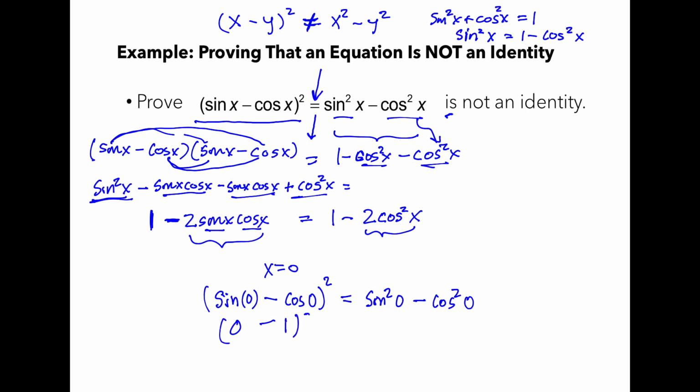So this gives me negative 1 squared, which is positive 1. Is that equal over here? Well, sine squared 0 again is sine of 0 is 0, and 0 squared is 0. And cosine of 0 is 1, and 1 squared is 1. That gives me 0 minus 1, which is not positive 1, but negative 1.